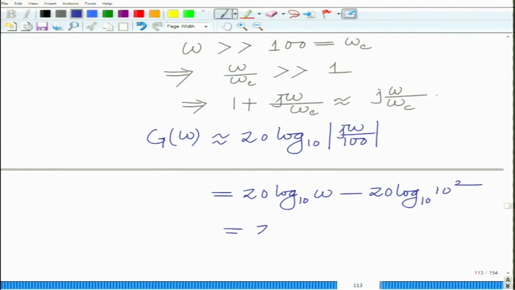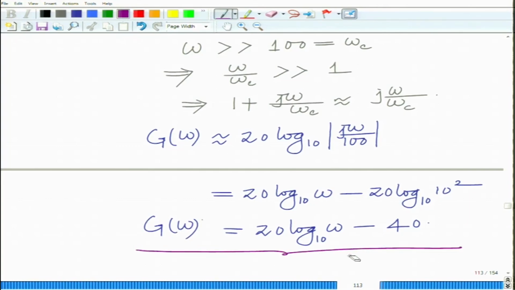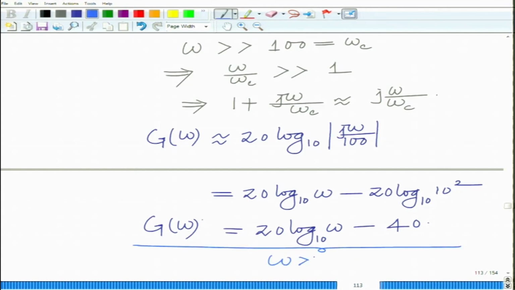So, this is 20 log to the base 10 omega minus 40 dB. Okay. So, this is g omega, remember this for the region where omega is much larger than omega c. Okay.